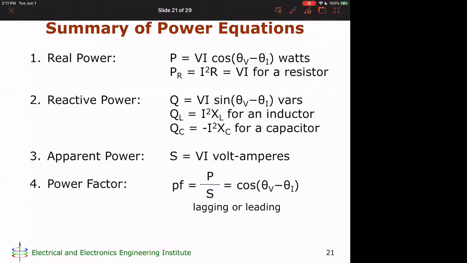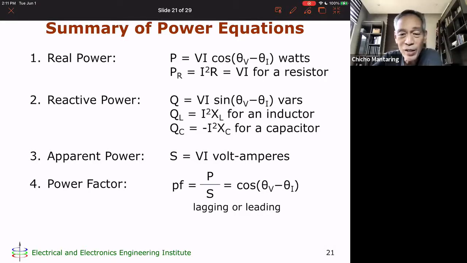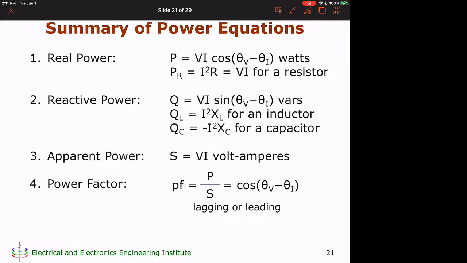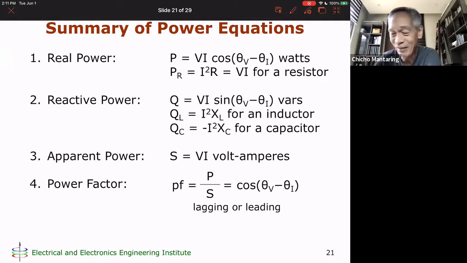Sir, question po. Ano pong implication pag yung power factor po ay -1? Ang power factor mo is the cosine, is always positive, di ba? Po, sir. No, sorry. Maybe hindi tama 'yon, no? Your power factor will always be from 0 to 1.